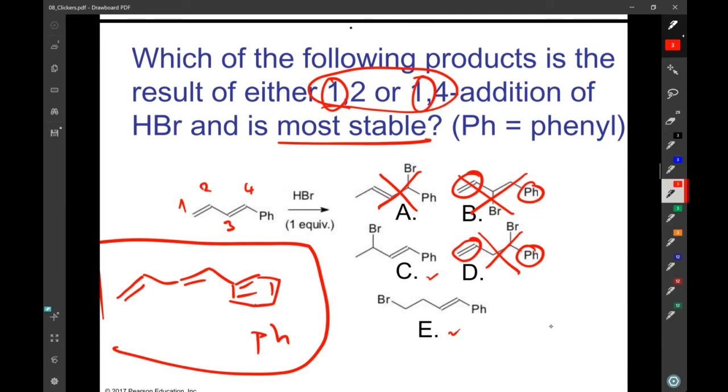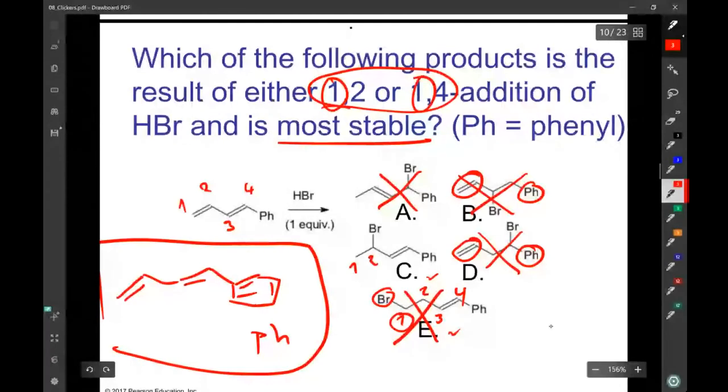When I look at structure E, you notice that carbon 1 doesn't have the hydrogen. Carbon 1 instead has the bromine. So that's what makes E out of the game. Whereas here, carbon 1 will have the hydrogen. So structure C is a 1,2 addition, and it is more stable because the double bond is in conjugation with the ring.